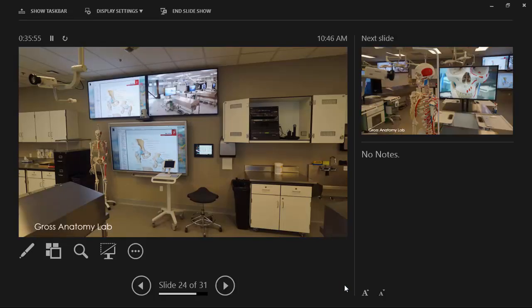Okay, so now I'm going to go to the gross anatomy lab. We saw this picture before, but you'll see now we've opened up that cabinet, and that's where they have all of the common connectivity. But as you can imagine, with all the technology happening in this room, it's not all in that little cabinet.